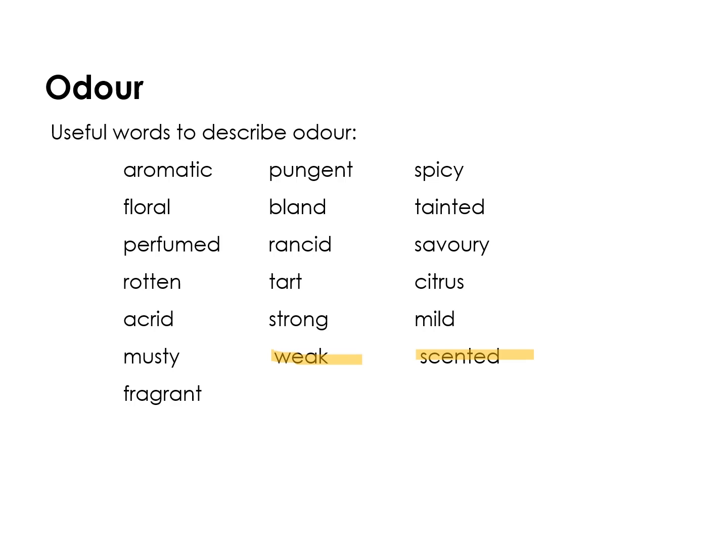Floral, a scent reminiscent of flowers and often sweet and fragrant, like rosewater or elderflower. Bland, a scent that is weak or barely noticeable, often indicating a lack of distinct aroma, like plain rice.